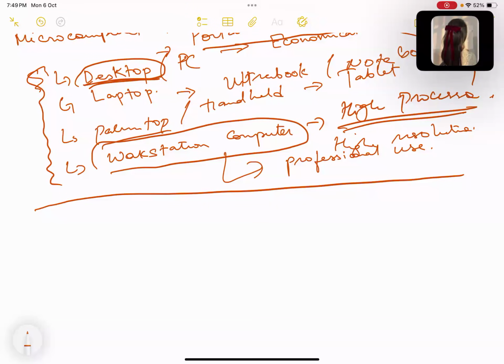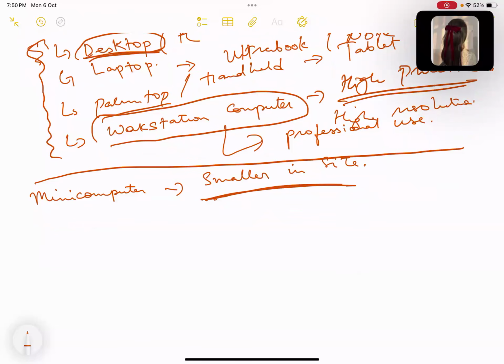Now let's come to the next type of computer, which is the mini computer. When we say mini computer, it simply means these are also smaller in size, okay? But when we say smaller in size, it doesn't mean that this is small.